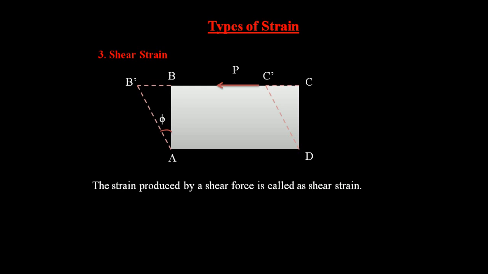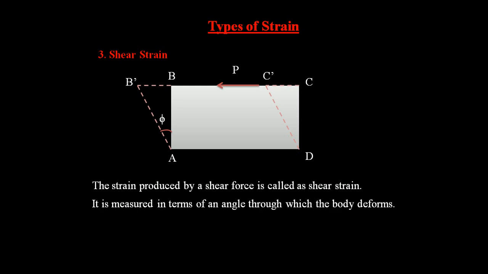Okay, but again, how can it be measured? So how can we measure this shear strain? Here it is measured in the form of the angle through which the body deforms. Here the deformation of the body is taking place in the form of the angle, so that is why we can measure the shear strain in the form of the angle through which the body has deformed here.